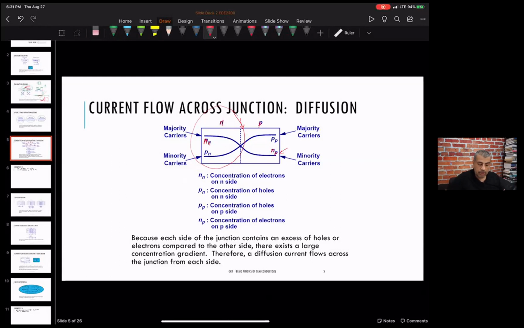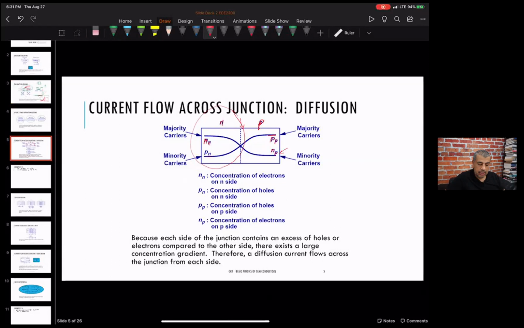And the same inversely with the holes. In a P-type material, the holes are the majority carriers, and we specify that by P sub P, which means the holes on the P side.